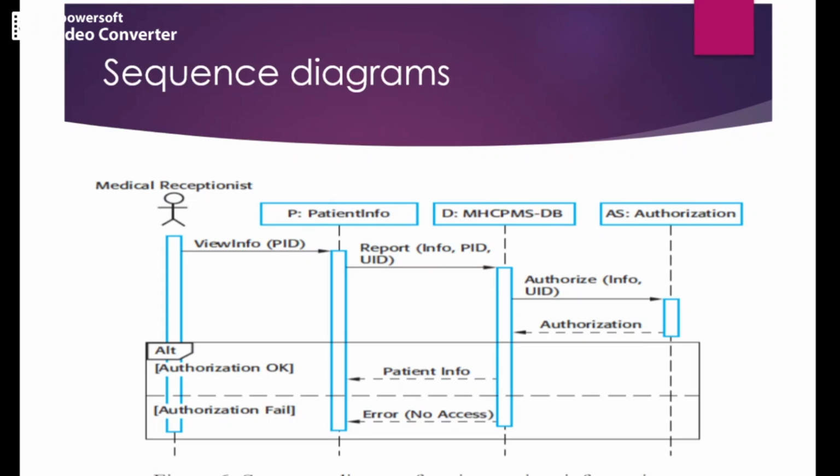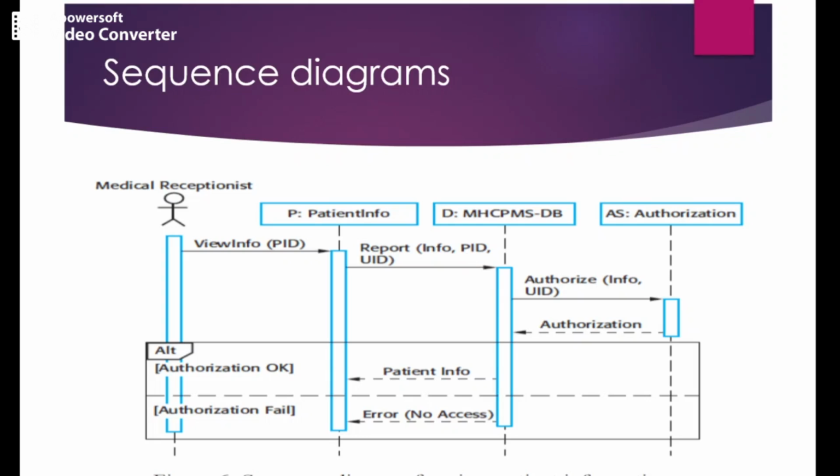Because all the details of the patient will be stored in the database itself. So it will again make a call. So you can see report. It means it wants the report of that patient, the entire details of that patient. So what it requires is being passed in this parameter list, info, PID, patient ID, because you want to fetch that particular patient information only.